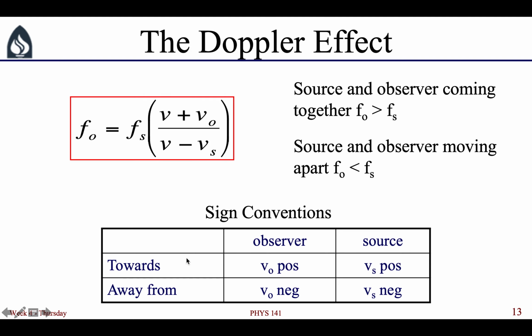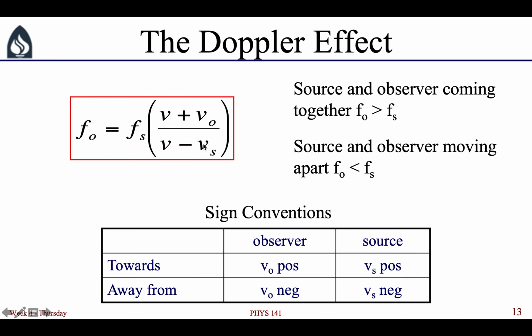If the observer is moving towards the source, v sub o is positive. If the observer moves away from the source, then the velocity of the observer is negative, meaning you plug a negative number in for v sub o. If, on the other hand, the source is moving, then if the source moves towards the observer, v sub s is positive, and if the source moves away from the observer, v sub s is negative.